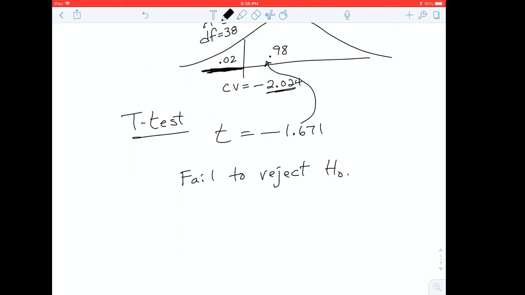So finally, we did not prove anything here. So again, if it was to go past the critical value, then you could say, okay, their claim is true or their claim is false. But if it doesn't go past the critical value, we just didn't prove anything one way or the other.